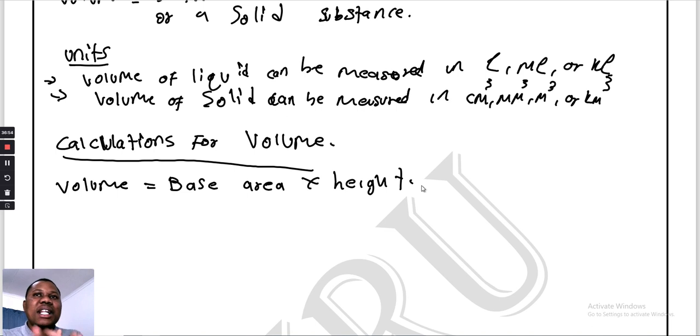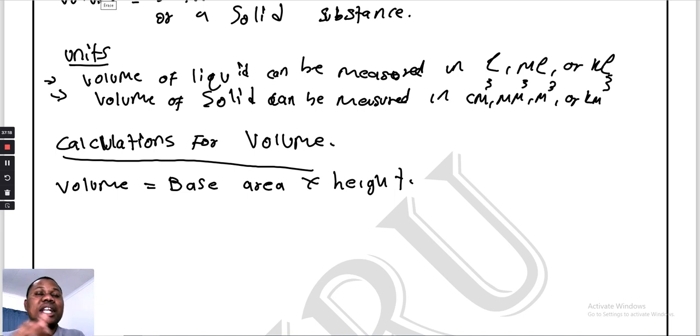This formula that I just gave you here, it talks about any object. As long as you can identify the shape on the base, then you calculate the area on the base, then you multiply that area by the height, then you'll get the volume of that 3D shape.